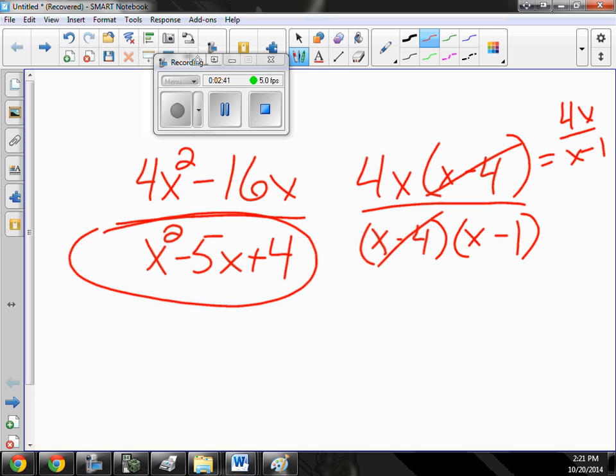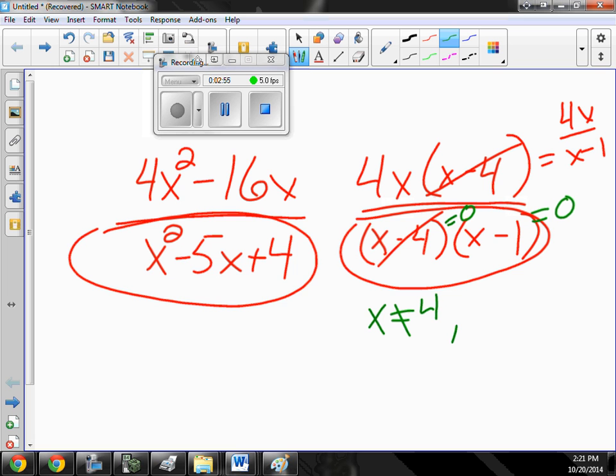Well, we find the roots of the denominator, which I've already factored, so I'm halfway there. Set these equal to 0, and x is not allowed to be 4 or 1. If I plug in 1, 1 minus 5 plus 4 equals 0, and whatever the number is on top, divided by 0 it is a non-real number.